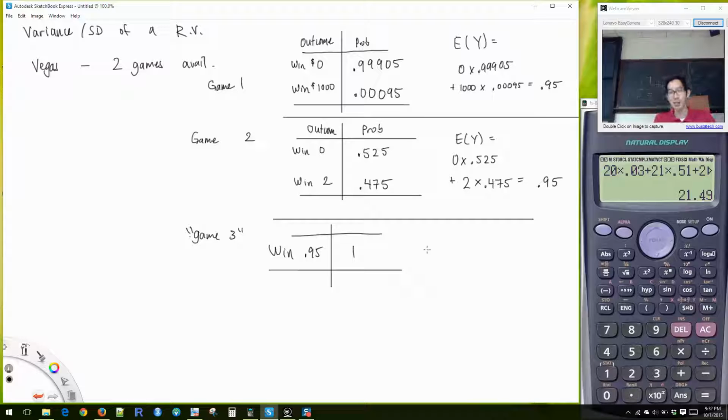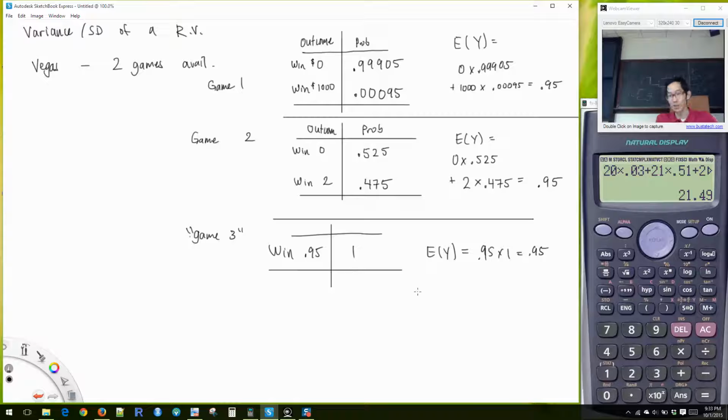This is always going to happen. Over here, the expected value would be 0.95 times probability 1. You get 0.95. What's the variance of this game? 0. There's no variance because there's no more chance. It's just every time you give them $1, they're giving you 95 cents back. There's no variance in the outcome here.